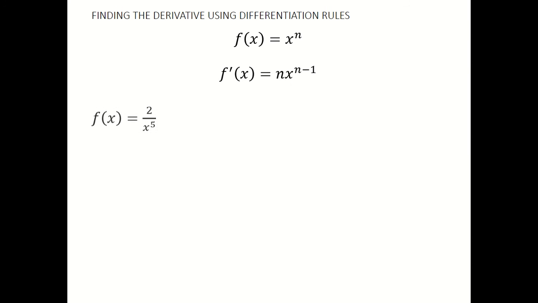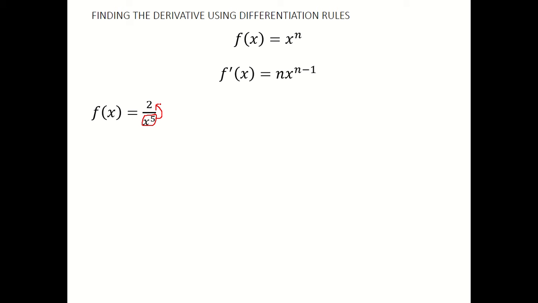We're going to be using the same rules, but now we are finding the derivative of 2 over x to the exponent 5. Guys, there's a problem here because that x to the exponent 5 is in the denominator, so take it up to the numerator. Please note that when you take this x up to the numerator, it goes up with its exponent.